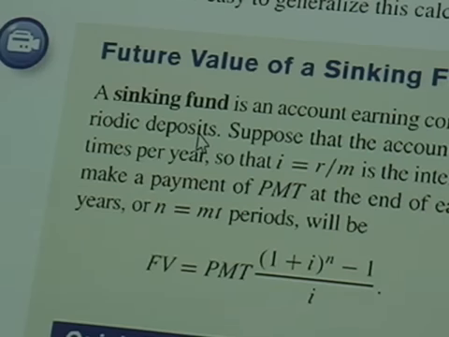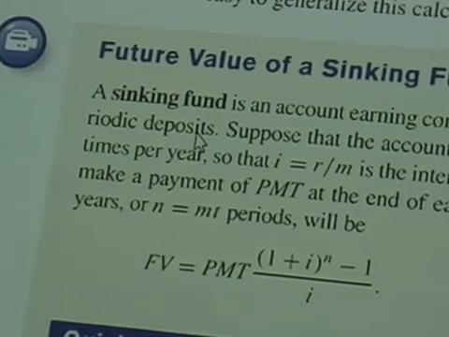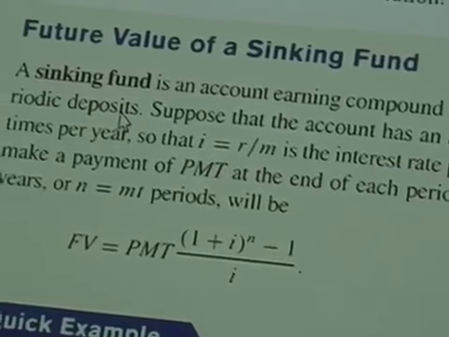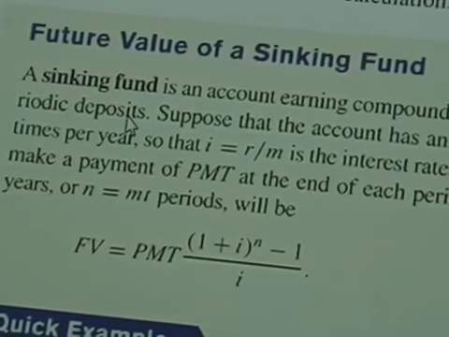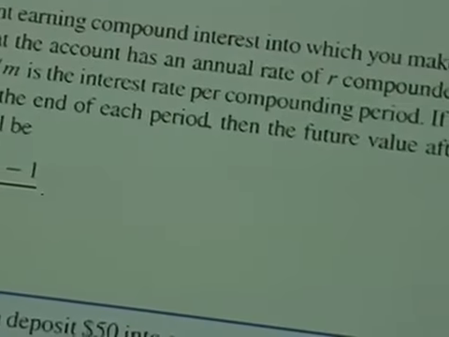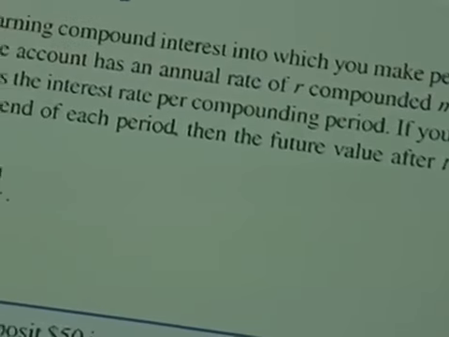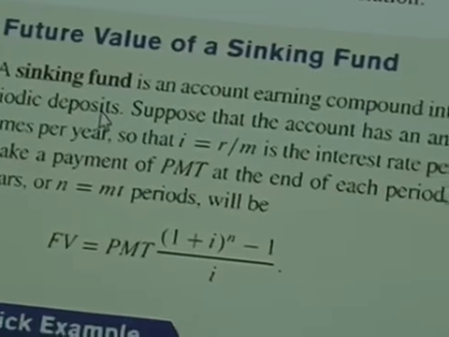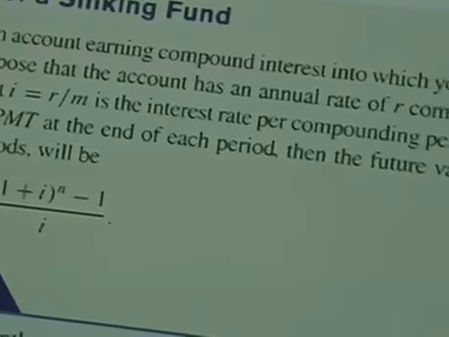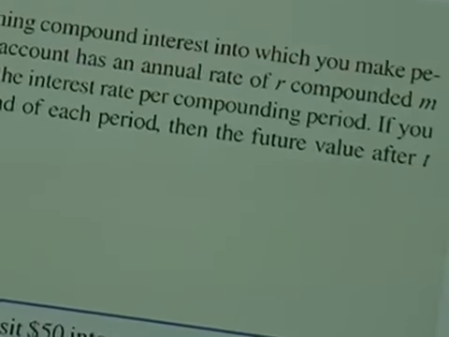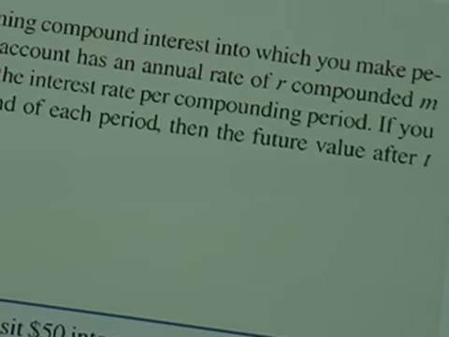Suppose that the account has an annual rate of R compounded M times per year, so that i equals R over M is the interest rate per compounded period. If you make a payment of PMT at the end of each period, so what does PMT stand for in the last example?